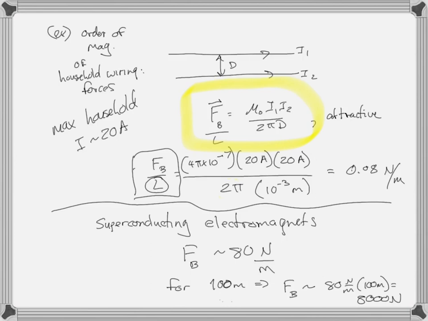Now that's pretty easy to affix your wires. What the force is going to do is either be attractive, or actually there are some repulsive forces that you get. Hold on a second. I guess it's attractive forces.